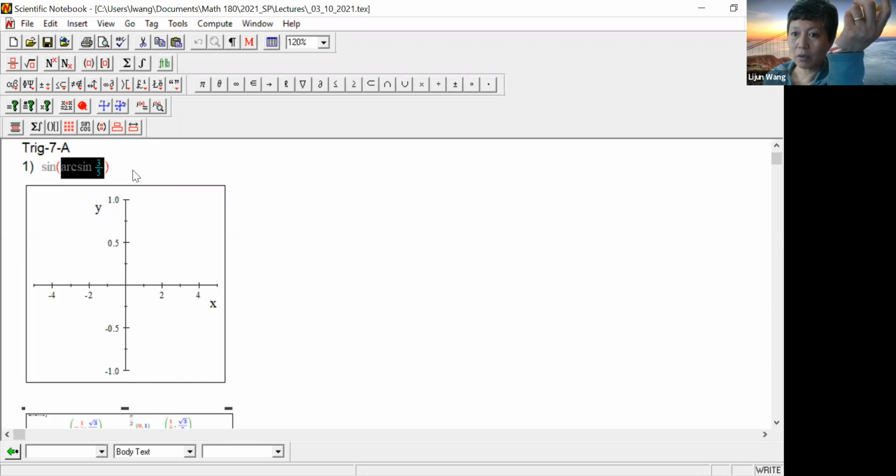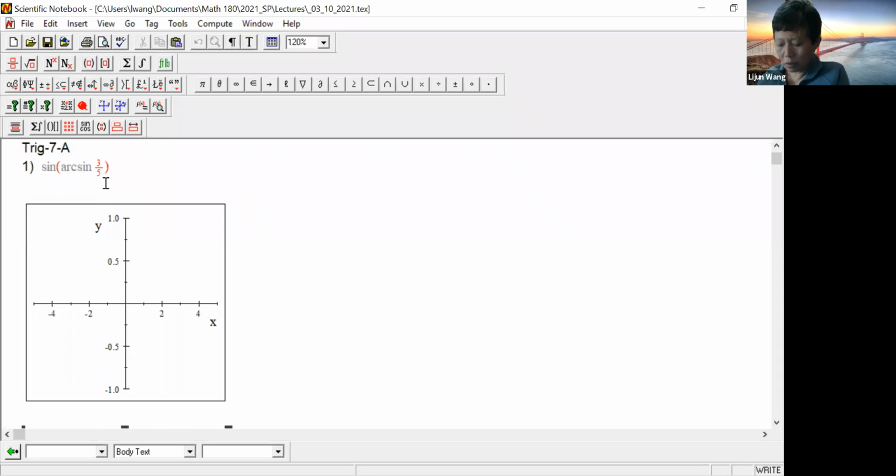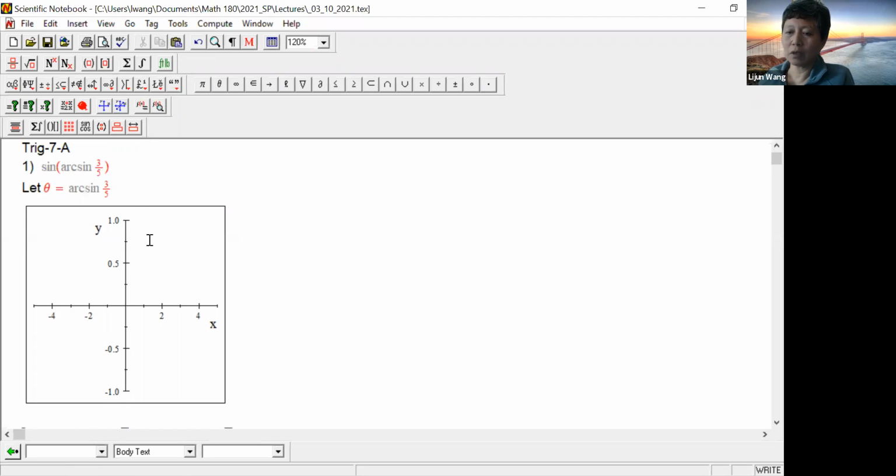Arc sine takes a ratio and produces an angle. So let theta equal this angle.